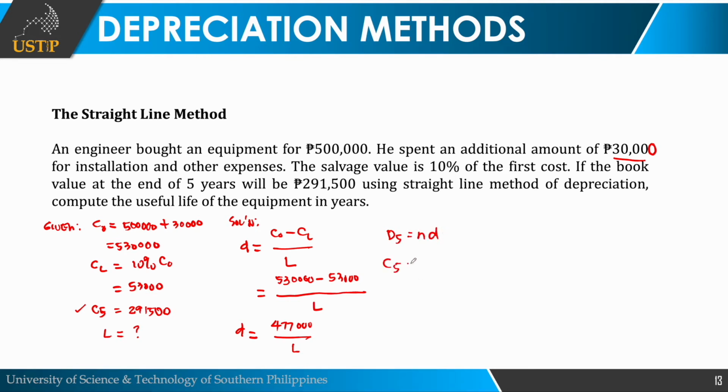And then our C sub 5 of course is the original cost minus D sub 5. From this formula, makakuha na ta og one equation, one unknown ani. Alright? So ato lang i-plug in diretso. Ang atong C sub 5 is 291,500 equals original cost, that is 530,000 minus D sub 5 nato is N times D. Our N here is 5 years. And then our D is katong 477,000 over L.